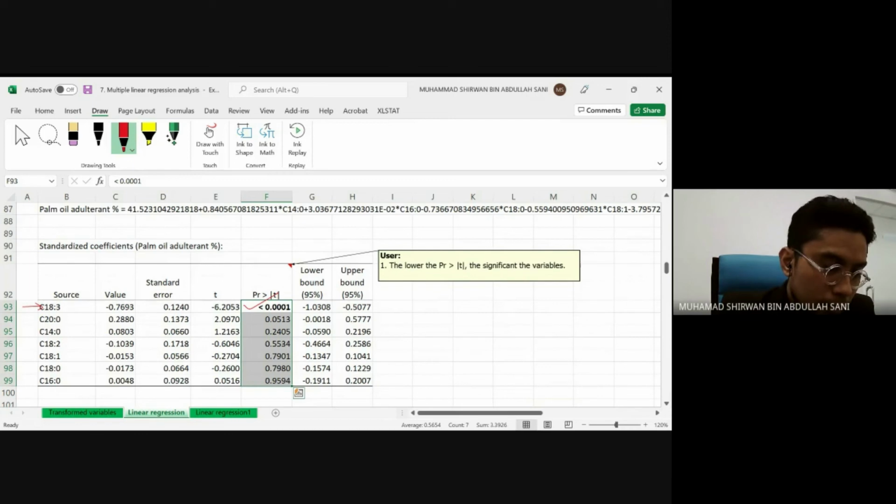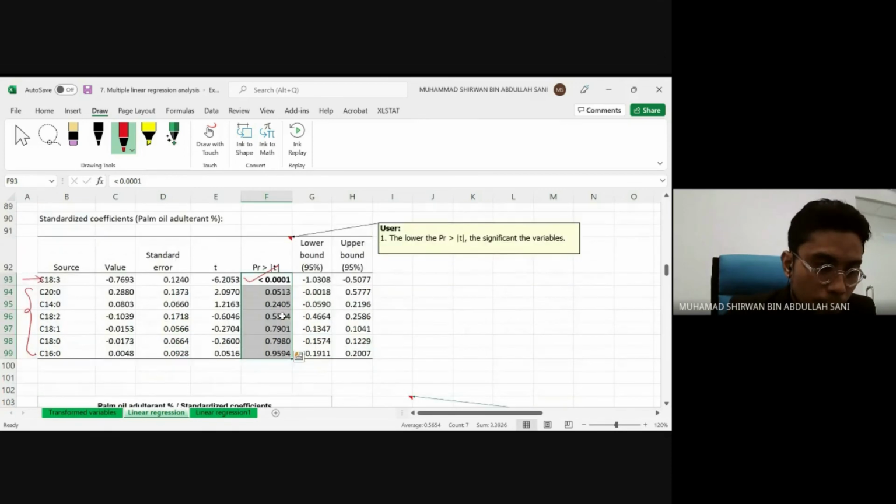It's not that we need to remove all of C20 up to C16. We don't have to remove them, but we want to find, according to the ranking, which one is the most significant contributor to the MLR model.